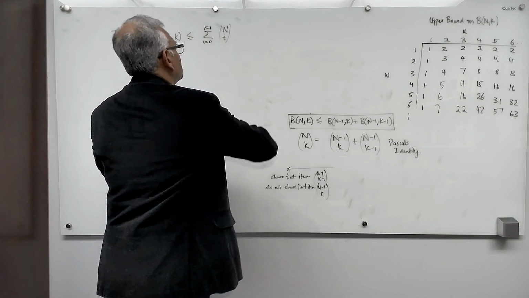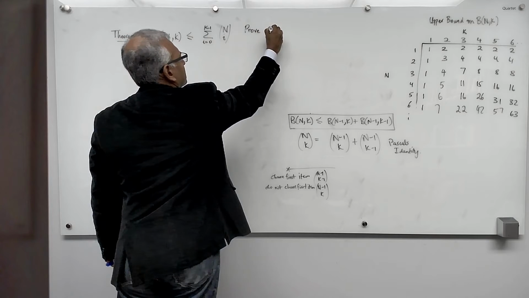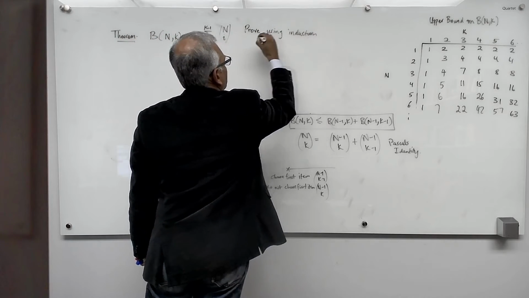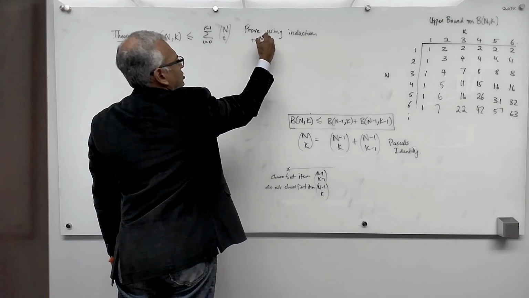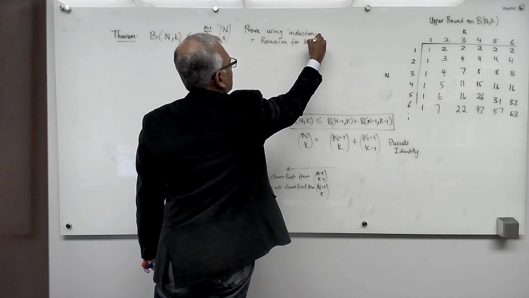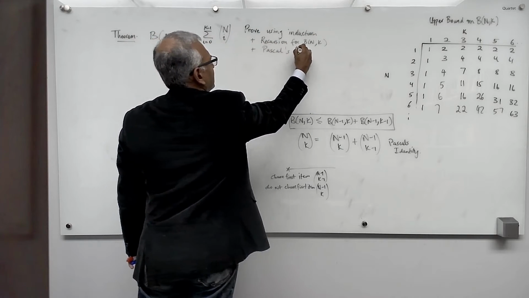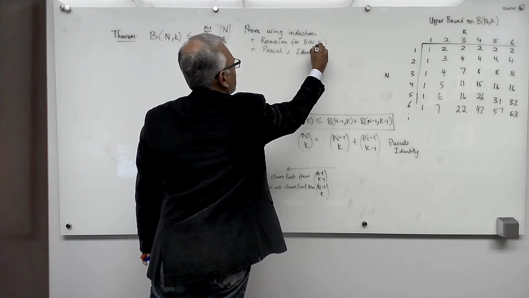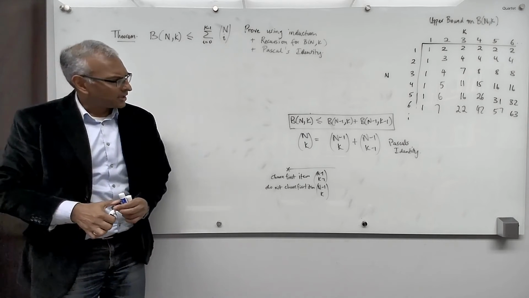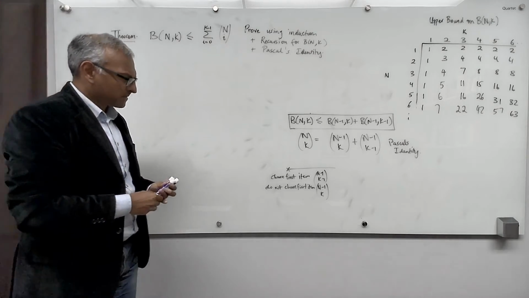So prove it using induction, plus recursion for B and K, plus Pascal's identity. And the book has the proof, and the slides have the proof. And if you don't want to prove it, just take my word for it.